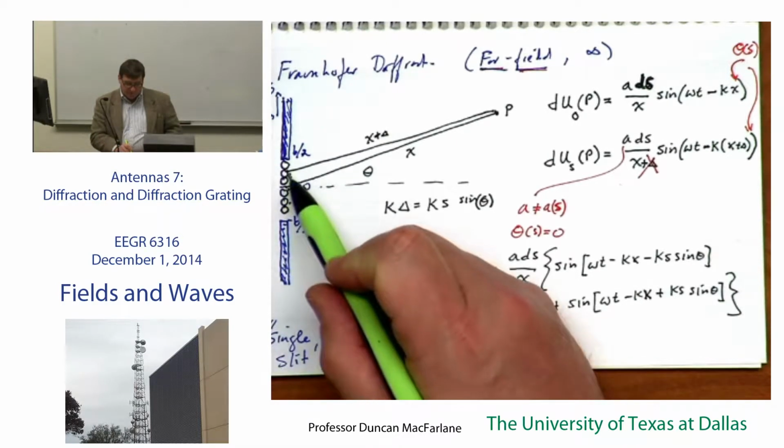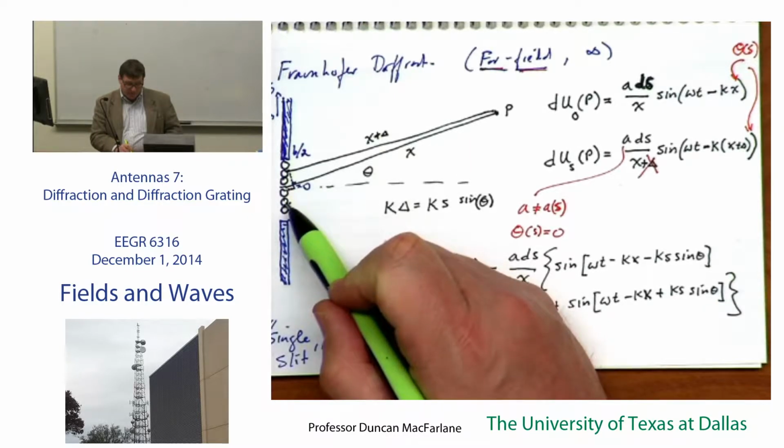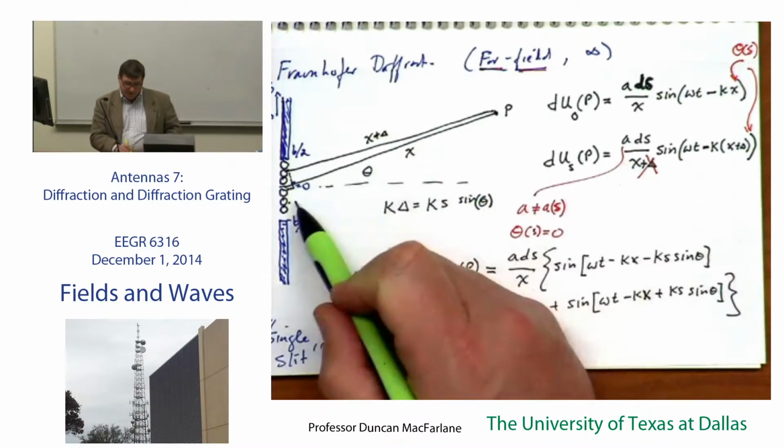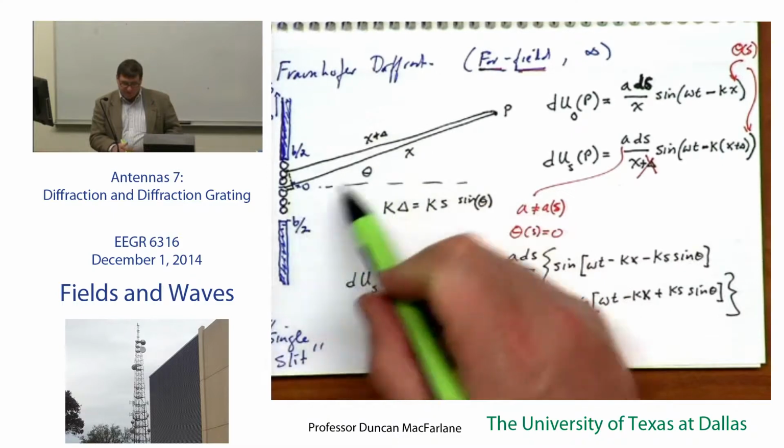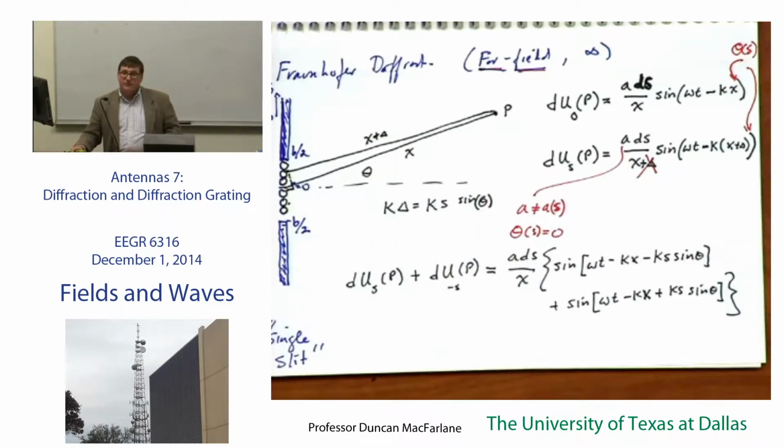So this point here is at positive S, there's another point here at minus S, and these lines, the x plus delta and the x minus delta, add up in this way.